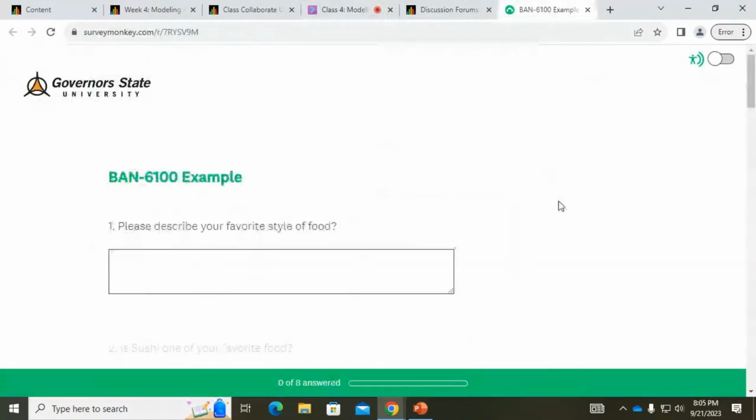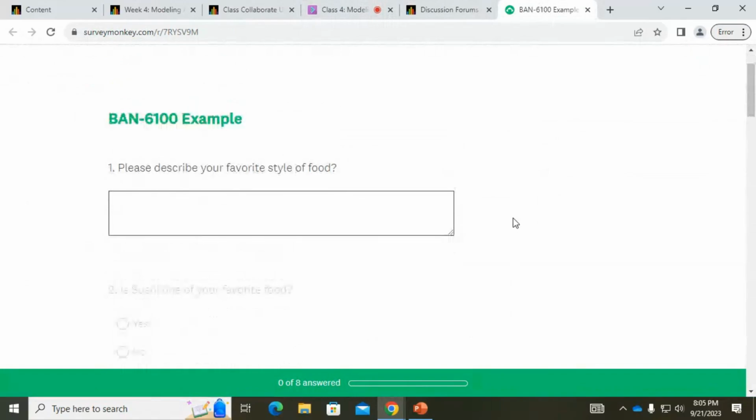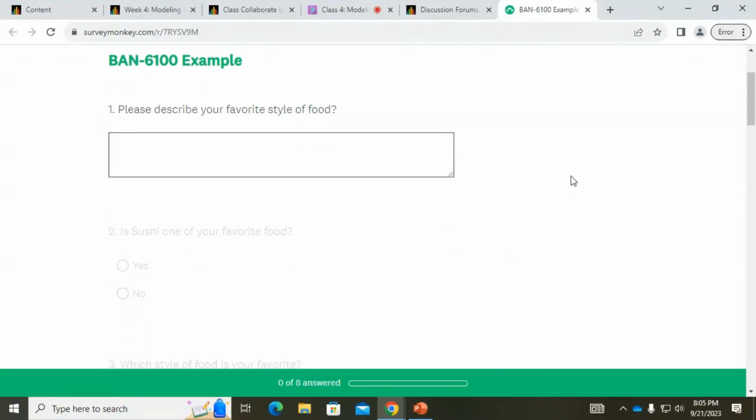Okay. So if you've made surveys before, or have at least taken them, let's talk a little bit about types of questions and types of data that can fit those questions. Okay, so this is a survey related to food and food preferences.